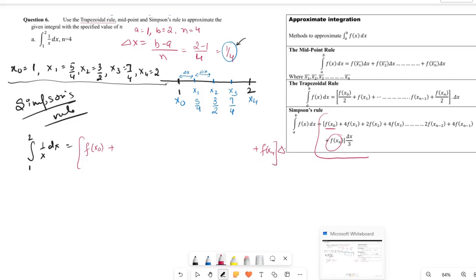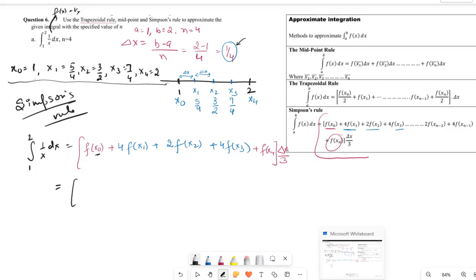Outside we have delta x by 3, but the middle terms are multiples of 4 and 2 alternating. So 4 times f of x1 plus 2 times f of x2 plus 4 times f of x3. That's just a reminding trick for this. F of x, our question, is 1 by x, if you notice. So we can use that.